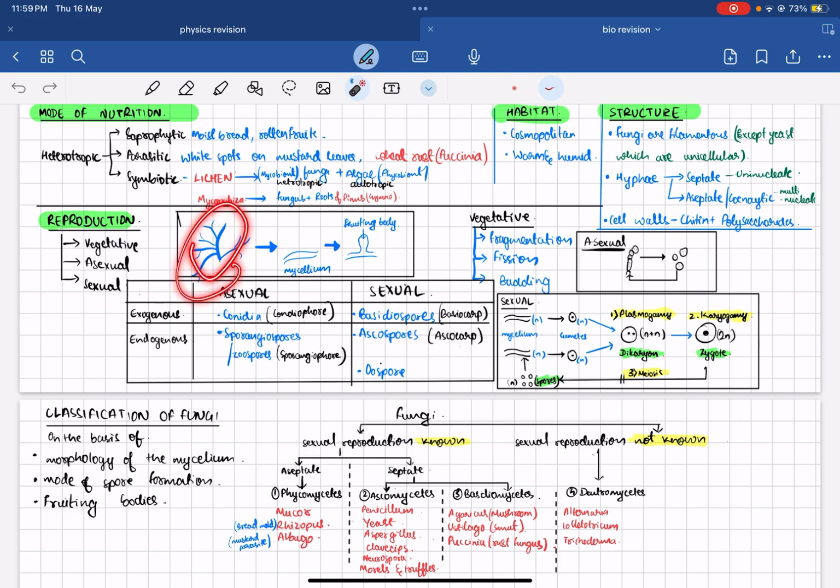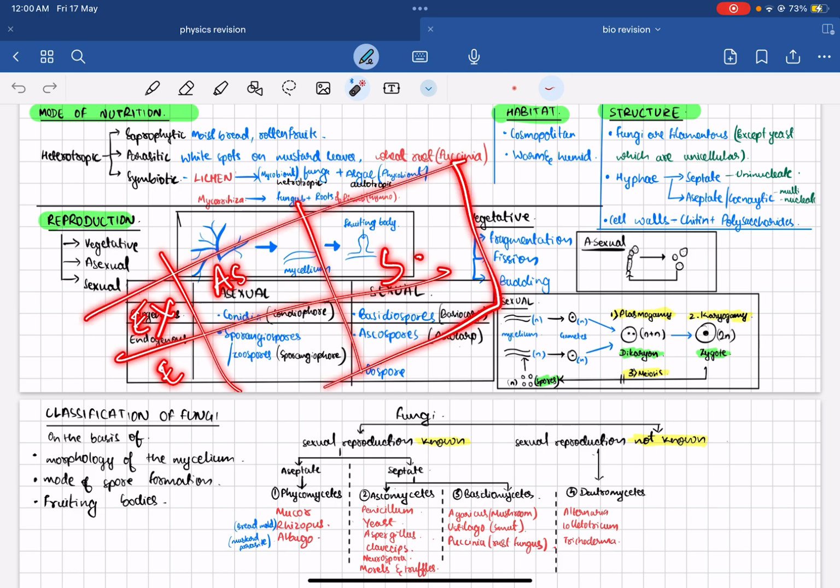This is how the fungus will be, and this is the mycelium, and this is how the fruiting body will arise from the mycelium. And here is a small trick which I remember: ABC. First I write asexual, sexual, exogenous, endogenous. Make the table.